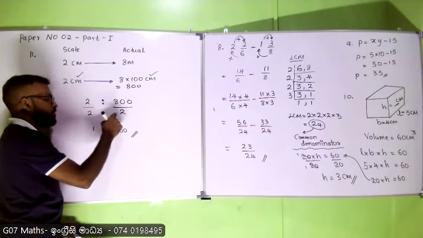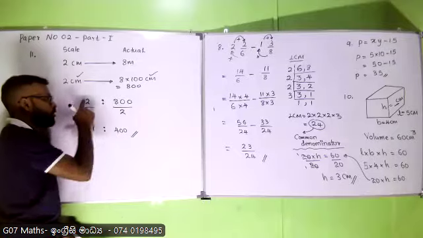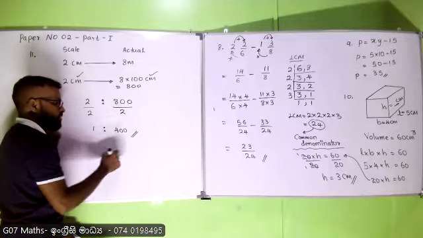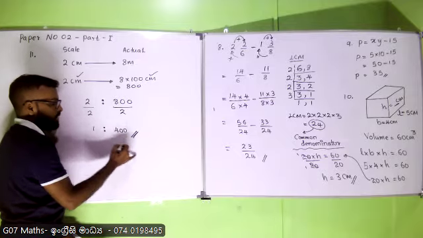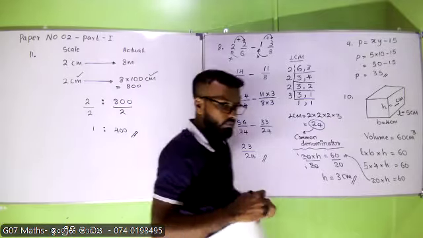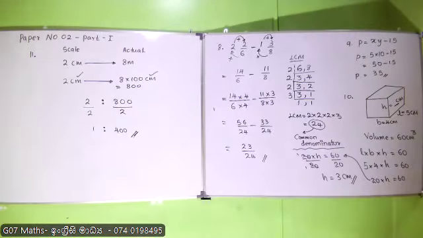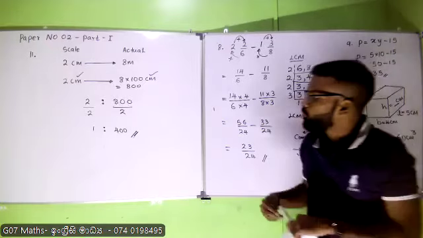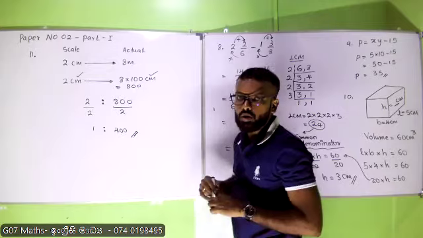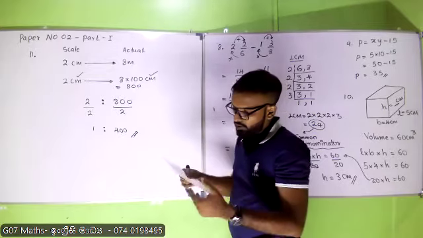Divide both sides by 2. 2 divided by 2 is 1, 800 divided by 2 is 400. So this is your answer. This is how we obtain the final answer. Now, this is your final answer for the 11th one: 1 to 400. Right, 12th one.